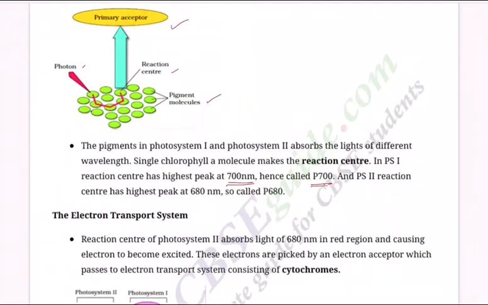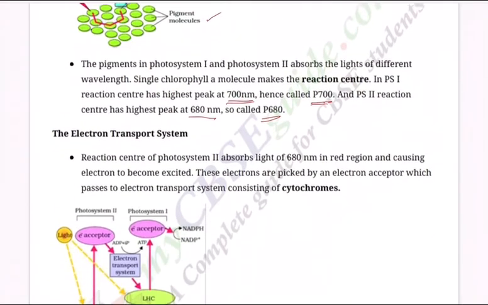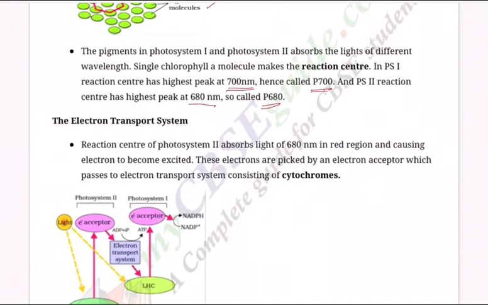So PS1 is called P700, and PS2 reaction center has highest peak at 680 nanometers, so PS2 is called P680. And the electrons that are released will have to follow a path, and the path in which the electrons move around making some changes is called electron transport system.